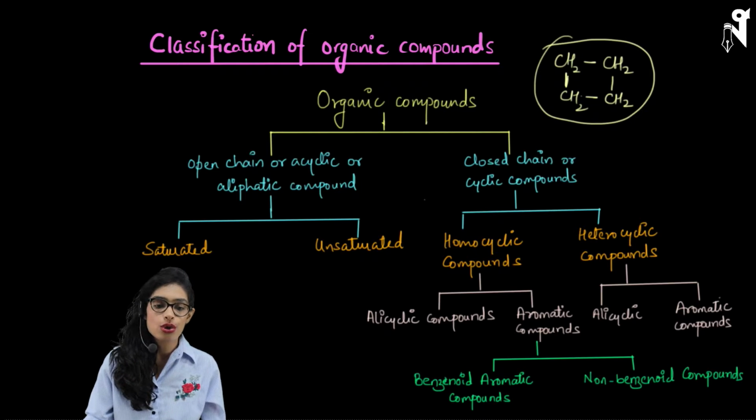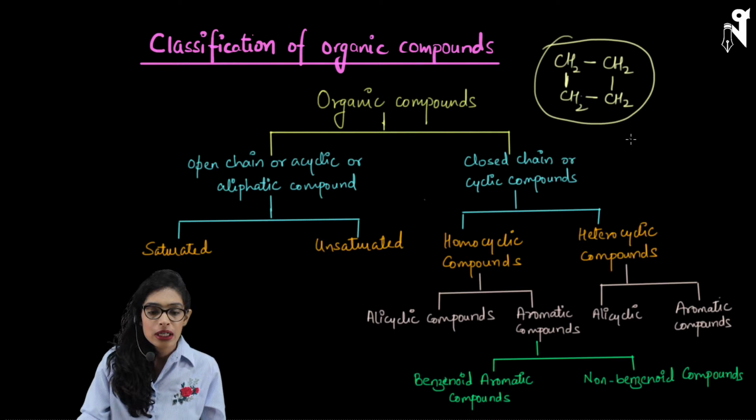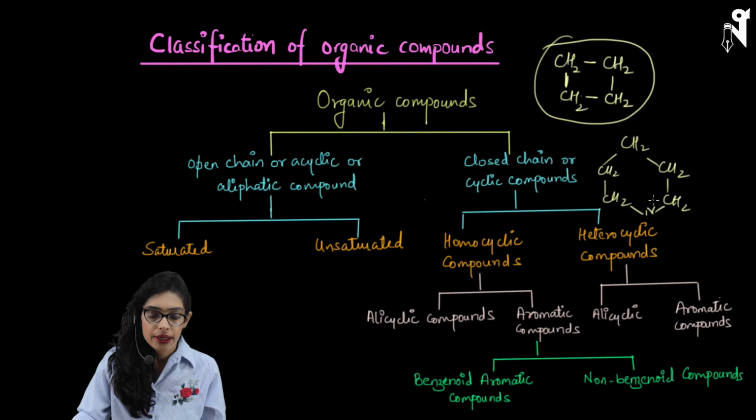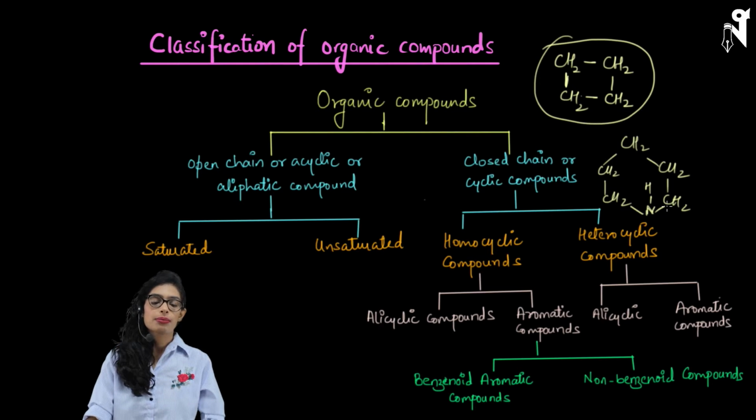For example, if I draw the compound like this, give me a moment. So if I draw the compound like CH2, CH2, CH2, CH2, CH2, and NH. I think my drawing is a little poor.